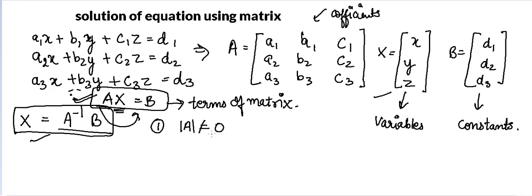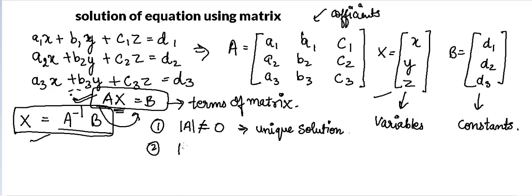Okay, and to find the inverse, we know we have to find the adjoint. If the determinant is not equal to 0, okay, there will be a unique solution.